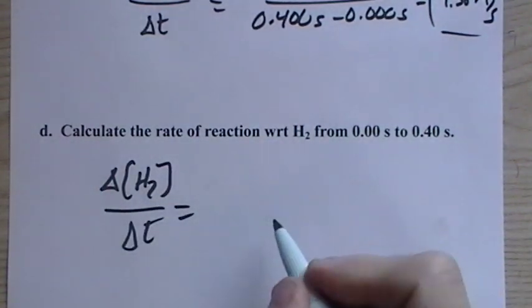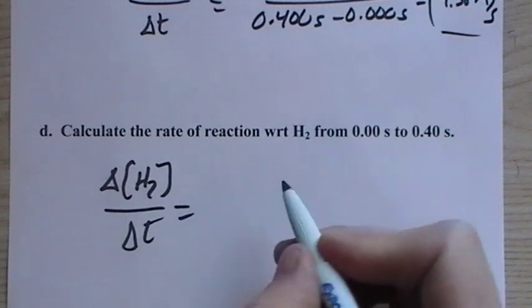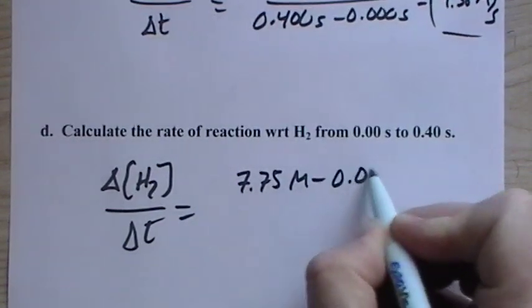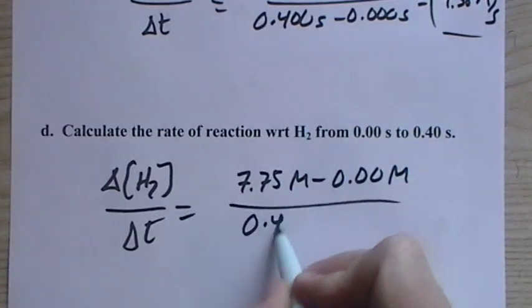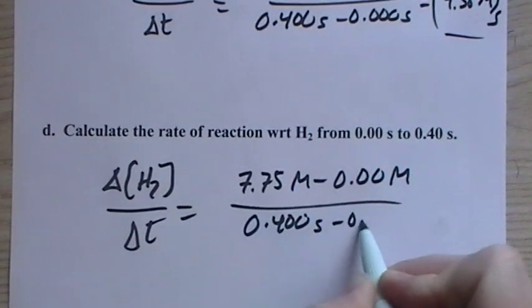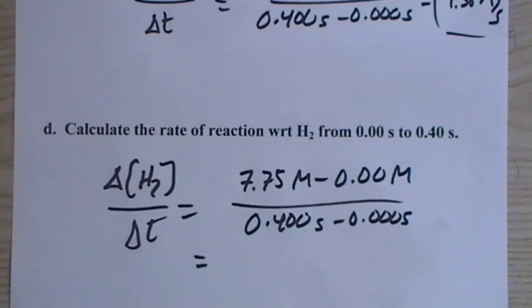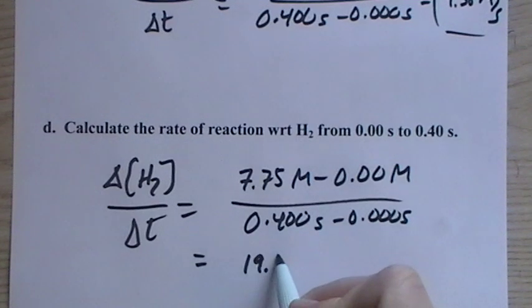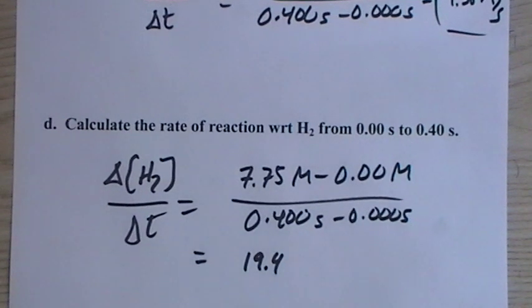So it's a good thing to keep in mind. And then we have this one here for hydrogen, it's 7.75 molar, 0 to 0.4 seconds, 7.75 divided by 0.4, and this comes up to be, let's see, I get 19.4.